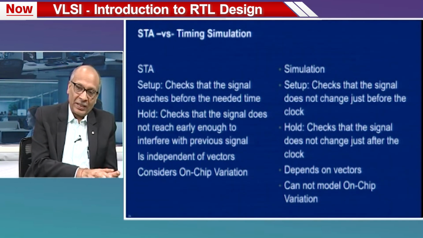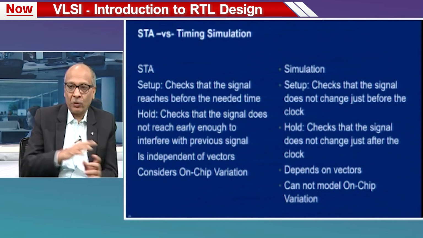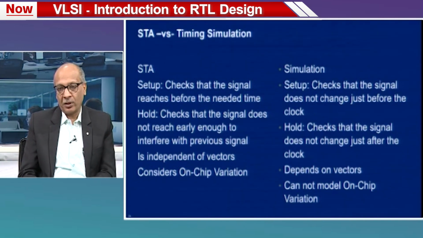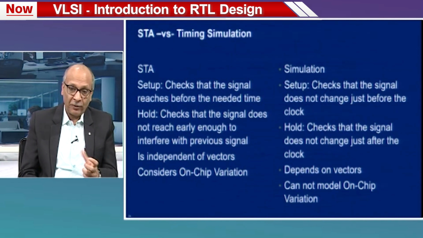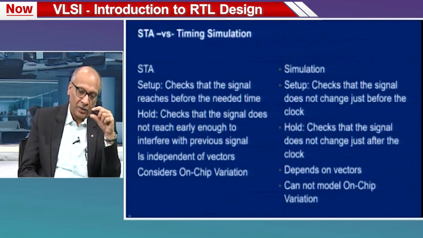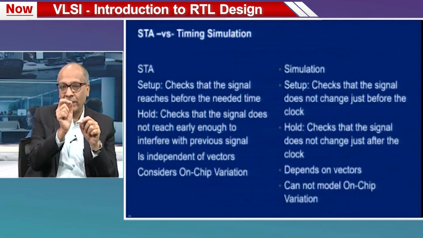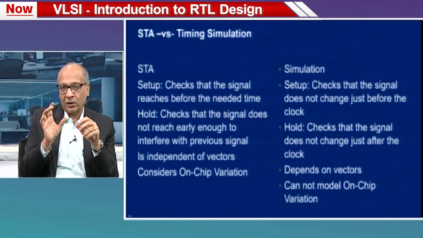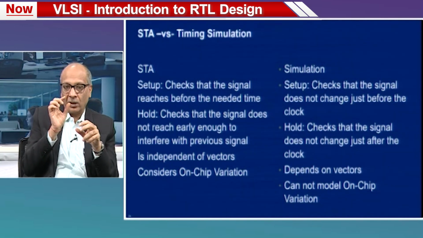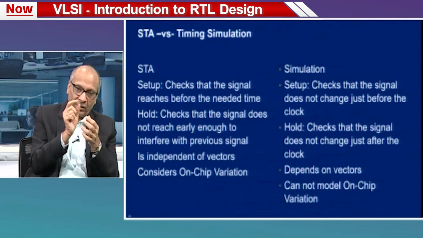STA also considers on-chip variation, while simulation does not model on-chip variation. Now, what is on-chip variation? On a chip, the delay through any element is dependent on many factors. Some of those factors are voltage for that element.